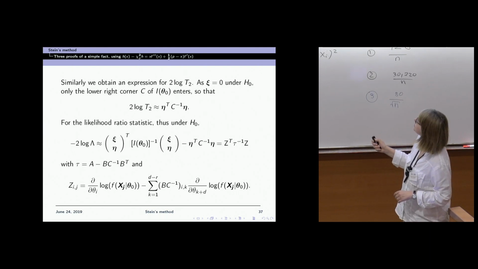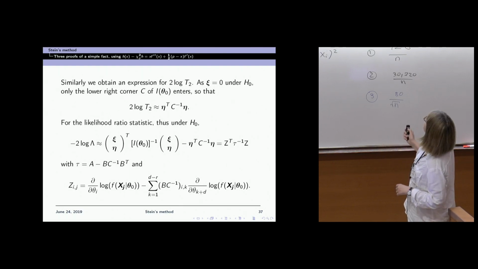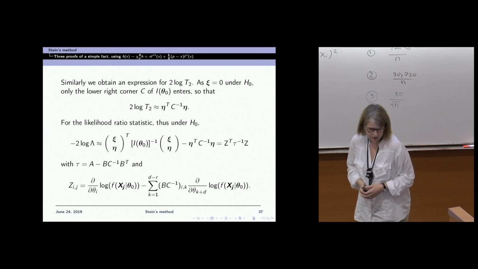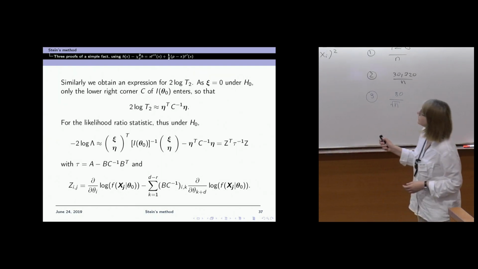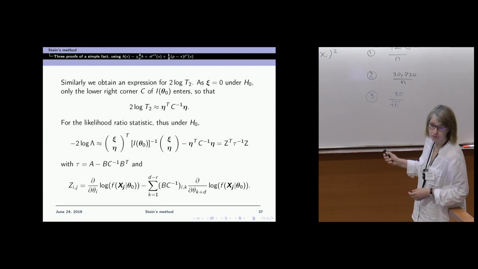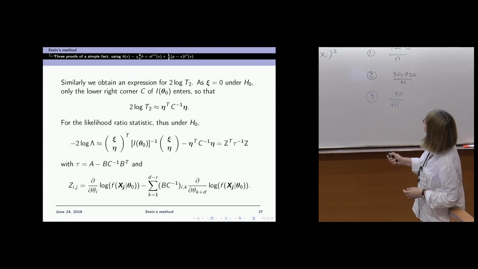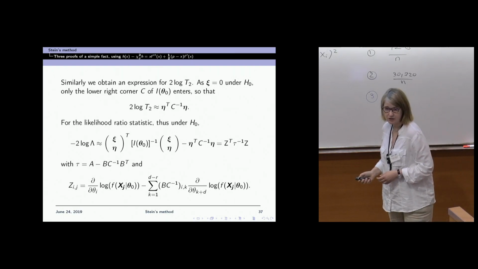This is the term from twice log T1. This is the term from twice log T2. And this is the approximation. And I can write this as Z transpose (tau to the minus 1) Z, where tau is related to the Fisher information matrix through this. And the Zij have a slightly complicated form, but we can write it out explicitly.